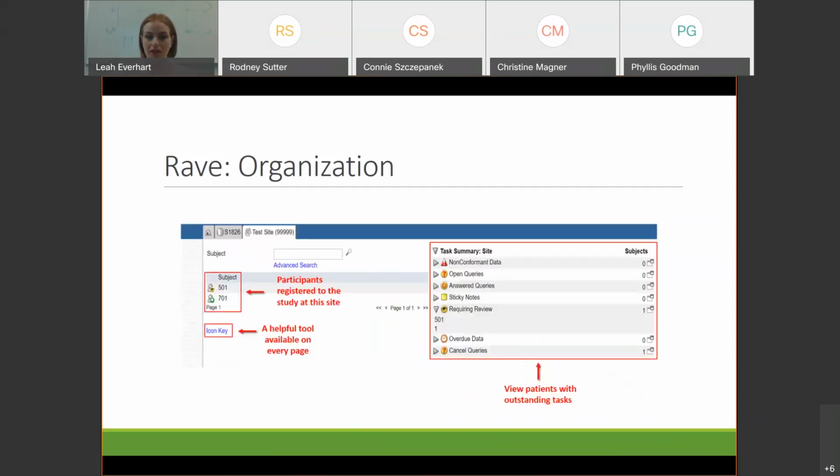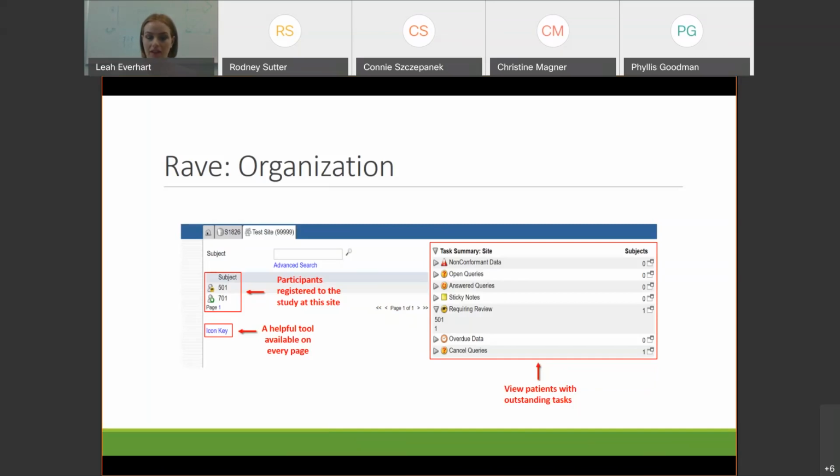And this is what it looks like once you've selected a study. For this example, I've selected S1826 and a test site, and highlighted in the upper left-hand corner is the list of subjects registered to this study at the selected site. Highlighted on the right-hand side is a task summary list, which displays any outstanding tasks that can be viewed by clicking the arrow next to each category.